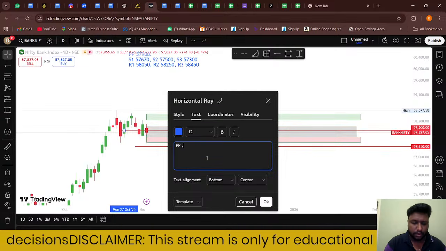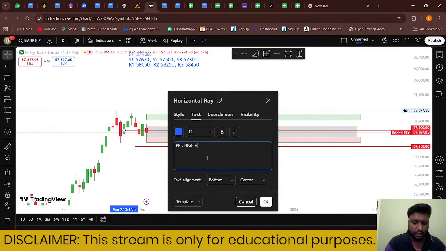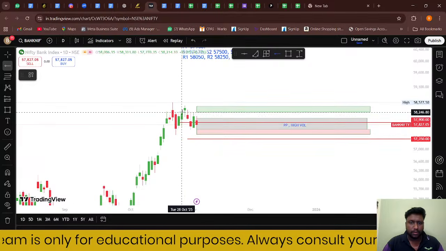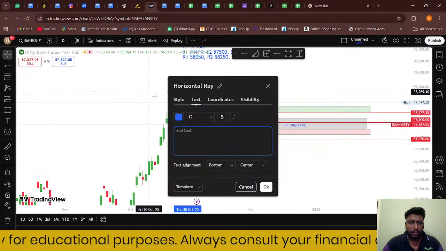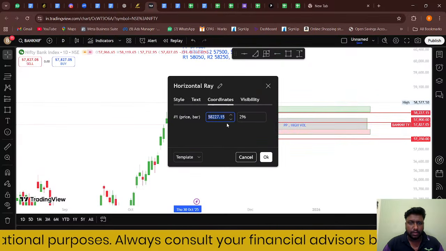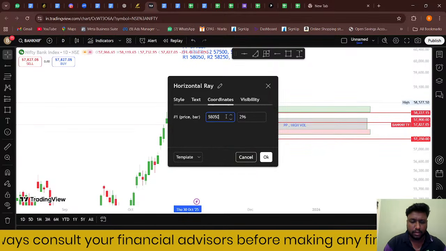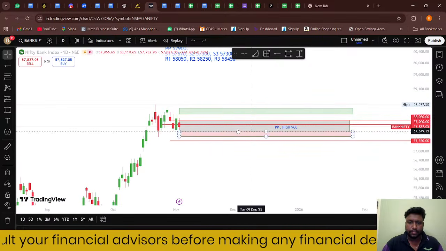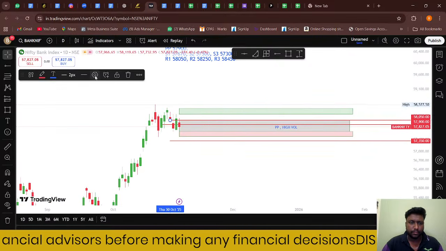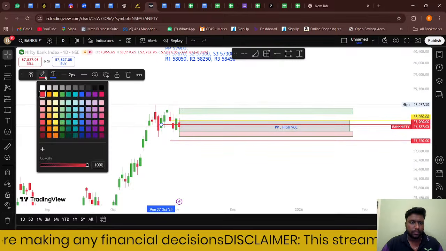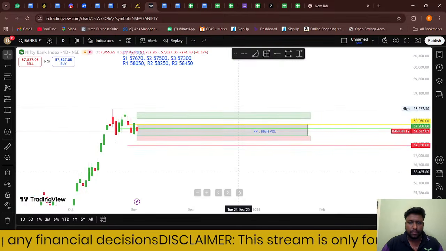At the pivot point, we require high volume for confirmation. So mark R1 also, 58,050.